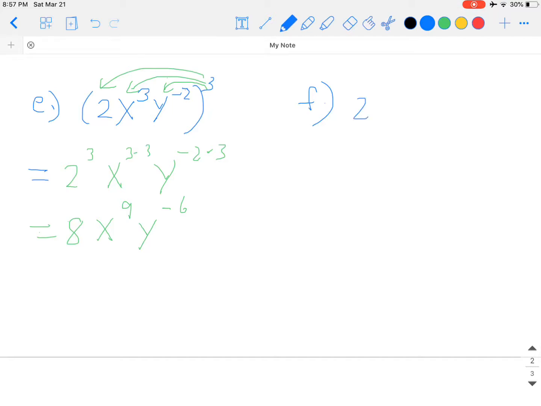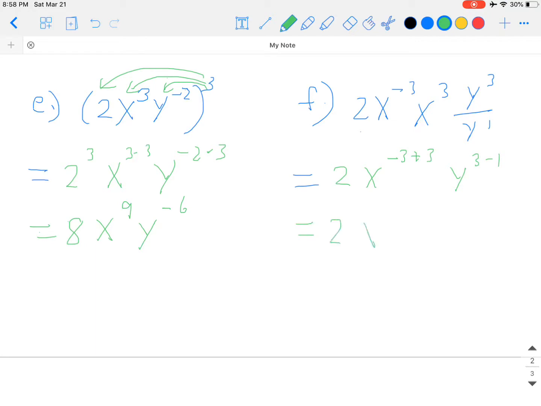The last one, 2 x to the negative 3 times x to the 3 y to the 3 over y to the 1. In this case, 2 cannot be simplified because 2 is by itself, but x to the negative 3 times x to the 3, we can add the exponents since they both share the same base, which is x. And for y, they divide, so you subtract the exponents.